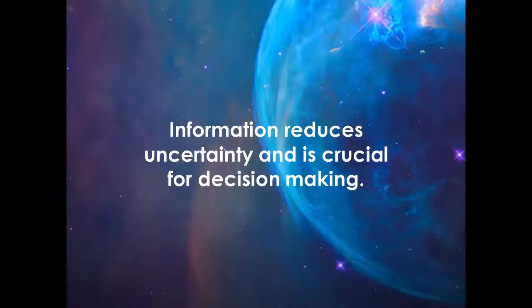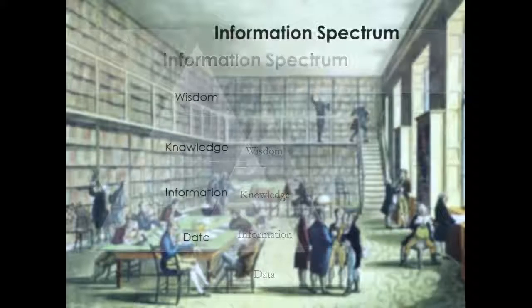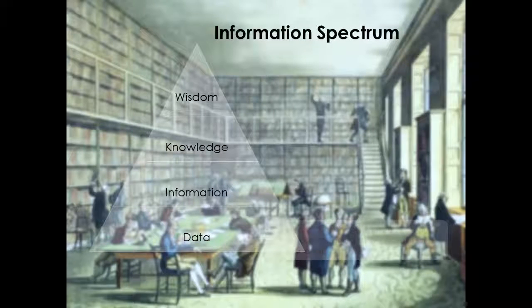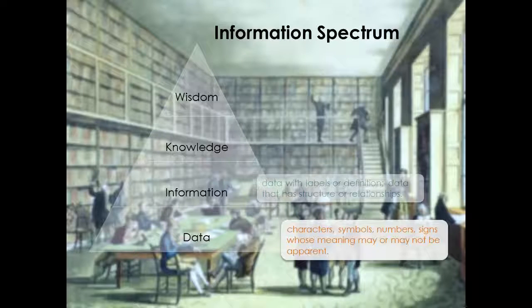One of the key conceptual models in library and information science is the information spectrum, or the DIKW hierarchy, from data to information to knowledge and to wisdom. As the slide shows, data means characters, symbols, numbers, signs, whose meaning may or may not be apparent. Information is data with labels, a definition that gives meaning.